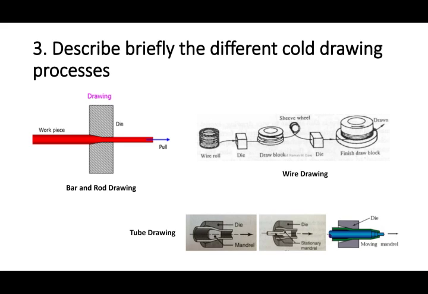In case of wire drawing, the material is made to pass through various dies so as to get a final drawn wire. And in case of tube drawing, again the material is pulled against the die, but in this case either a stationary or a moving mandrel is used so as to get the tube. These are three different types of cold working processes.